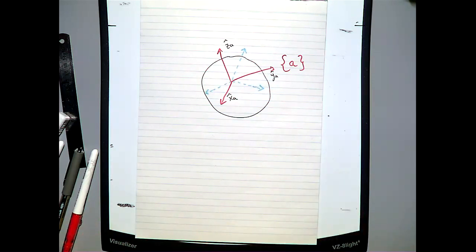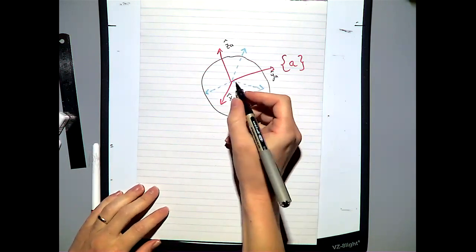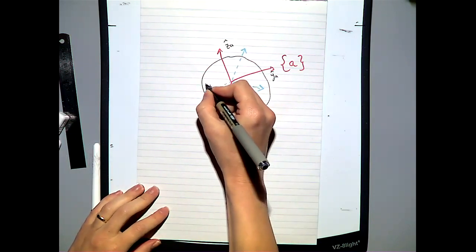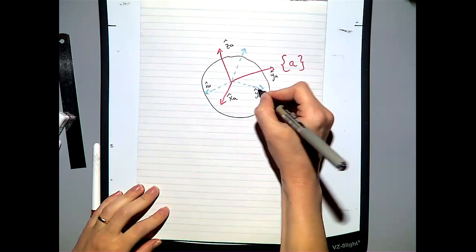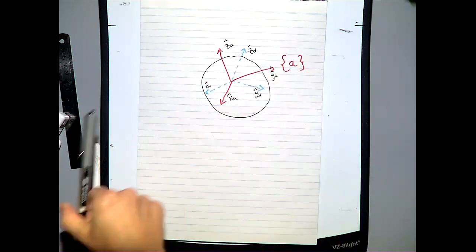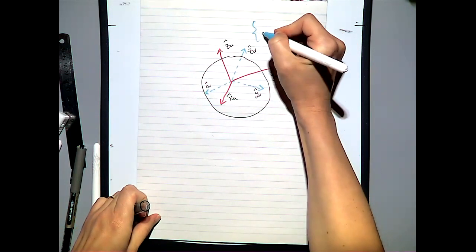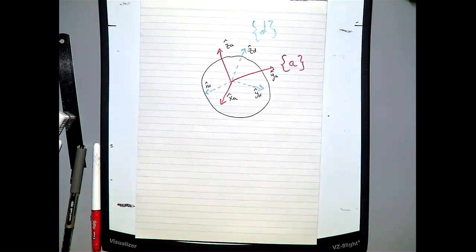We still don't know how to locate it, but what we know, so if this is XD, YD, and ZD, yeah, the blue one is frame D that we are searching for.